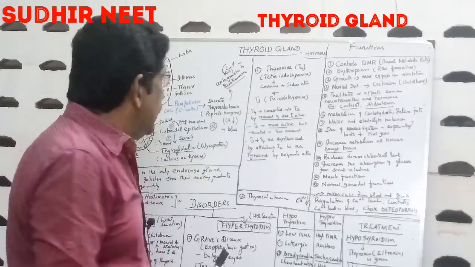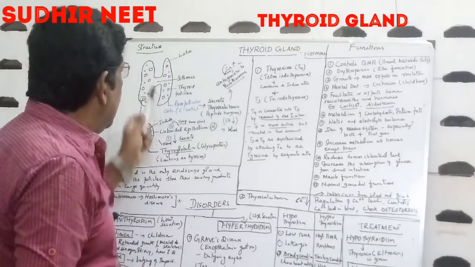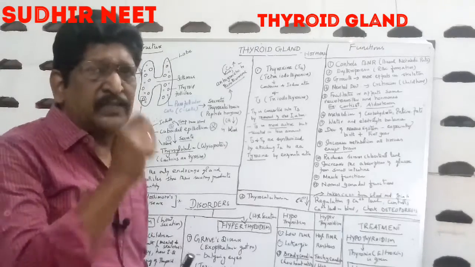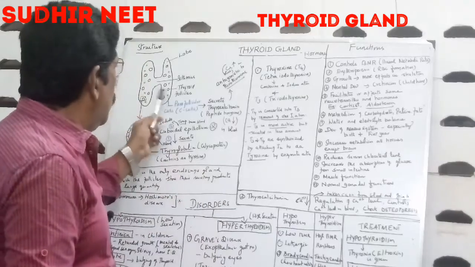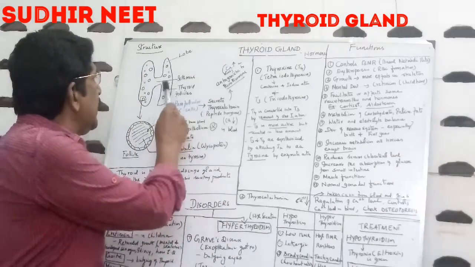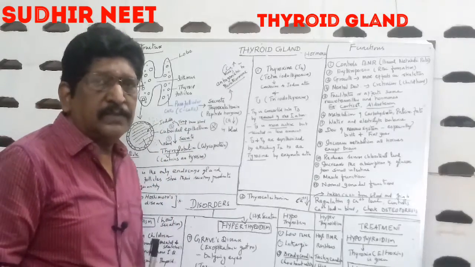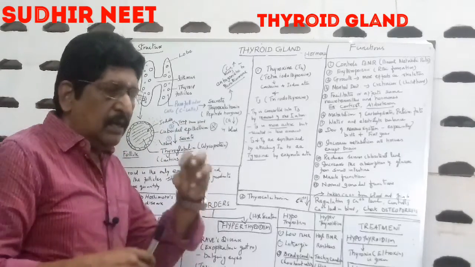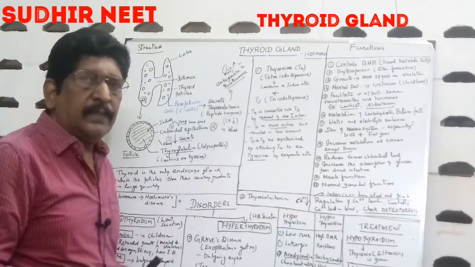The thyroid gland consists of two lobes connected by a structure called isthmus, muscular tissue, isthmus, right? Two lobes. So inside the lobes you can see follicles, thyroid follicles, in which the thyroxine is secreted.